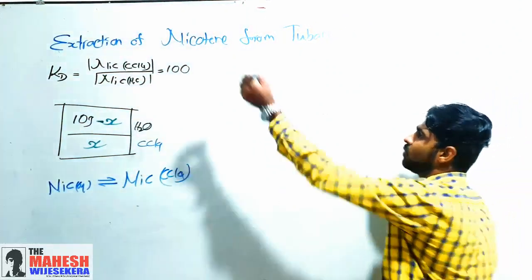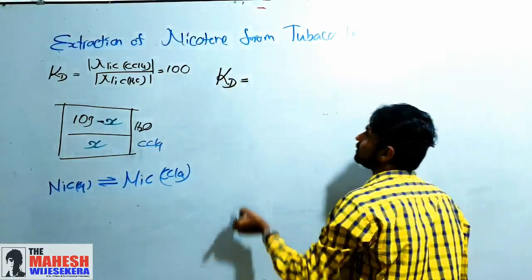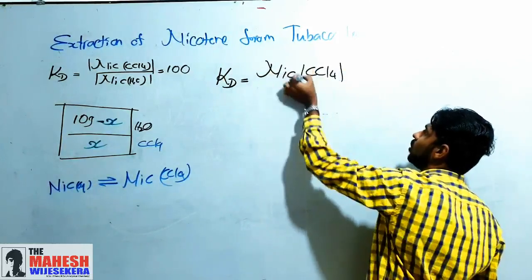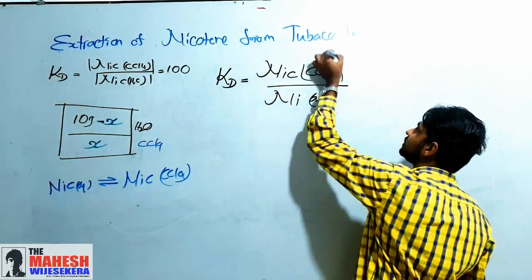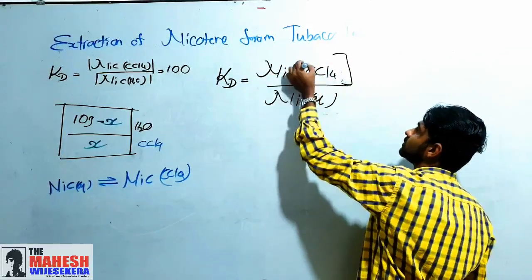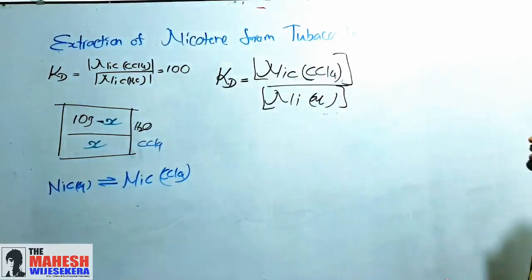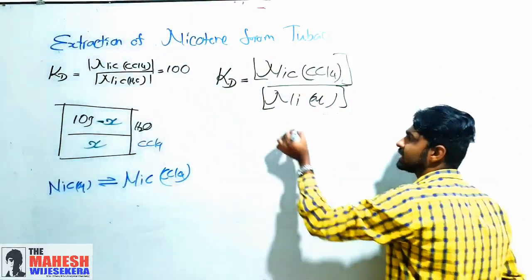Now we know that KD is equal to nicotine CCl4 over nicotine aqueous. So what is the nicotine in CCl4 here? It is X, that is the mass.